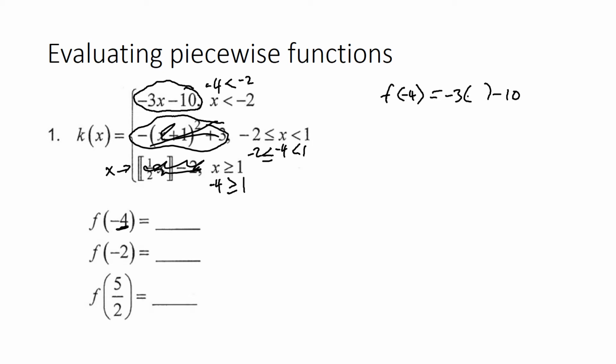And of course, x is -4 in this example. So -3 times -4 is going to be a +12. And we need to subtract 10 from that. So this is going to give us 2. So f of -4 is 2.